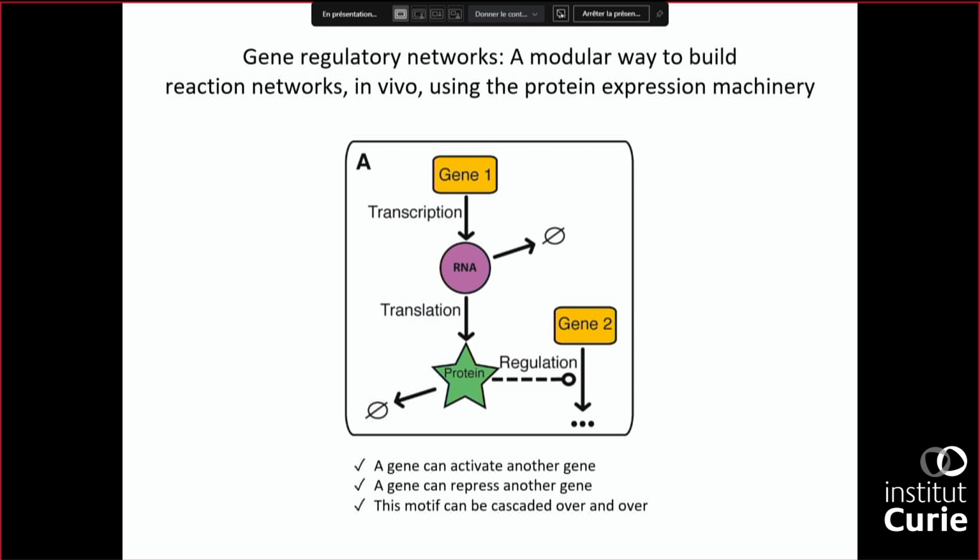And so the motif goes as follows. You start from a gene, and as you know, genes encode proteins. You go from the gene to the protein by two stages, which are chemically very complex, but can be represented as simple chemical arrows here.